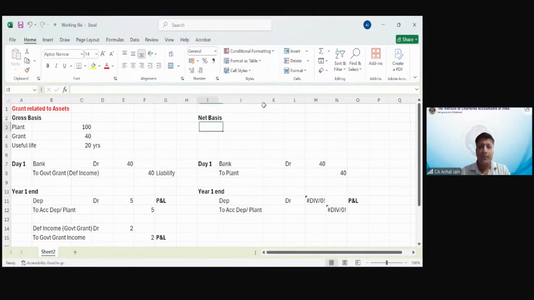Now, what is the reduced value of the asset? What is the revised value of the asset? 60 crore?